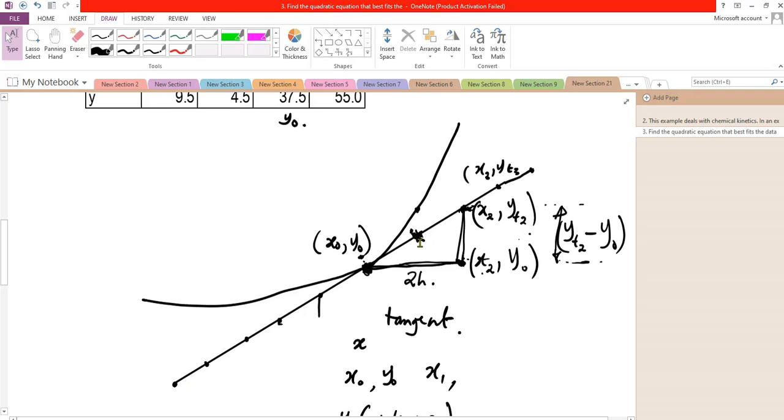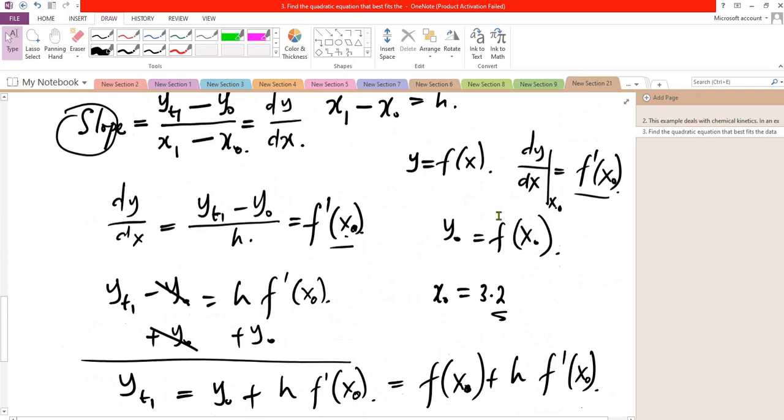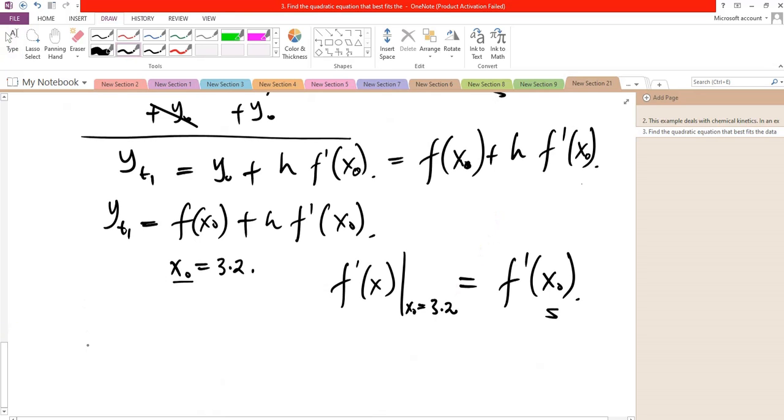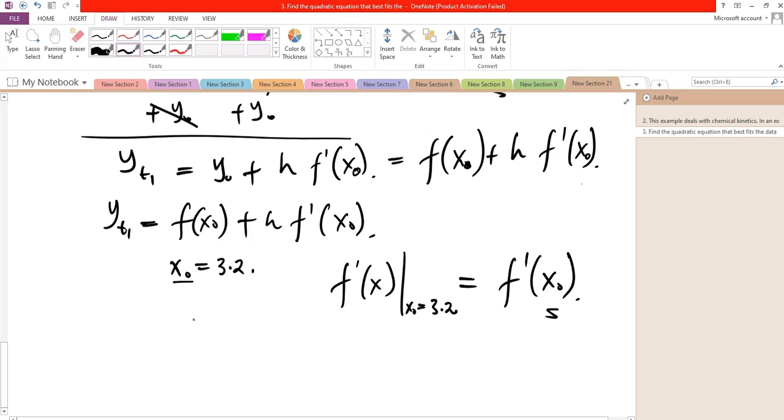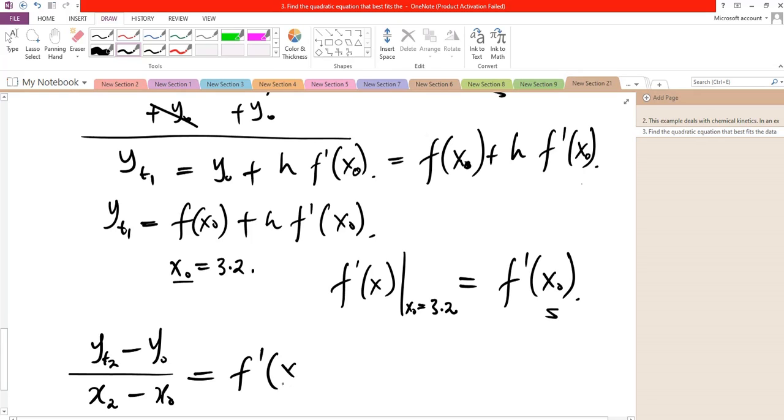So for two steps from the point where you have the tangent to the curve, so 2 steps from that point, the slope will now be y subscript t2 minus y subscript 0 divided by x subscript 2 minus x subscript 0, is equal to the first derivative function of x subscript 0.